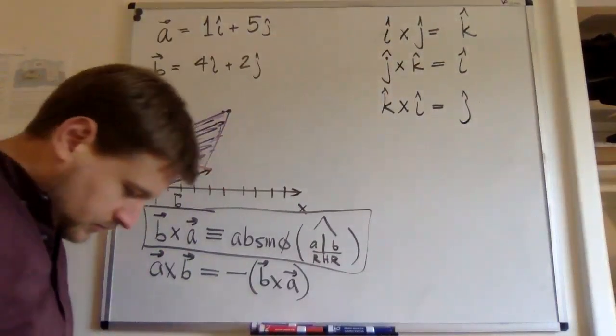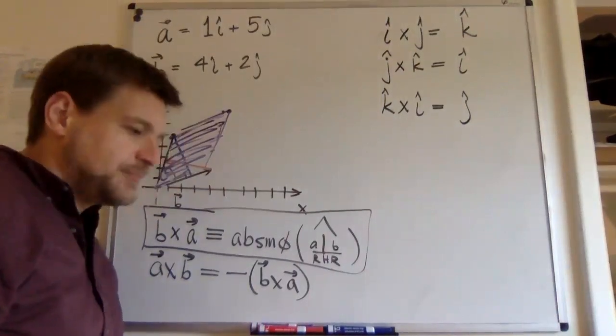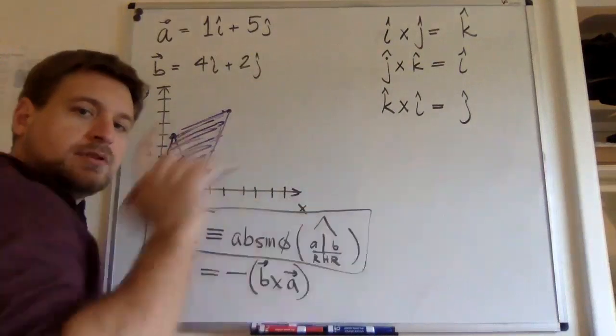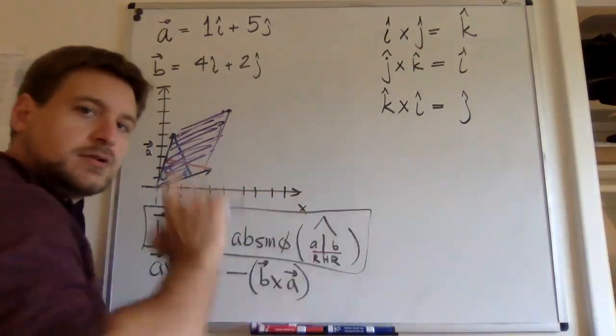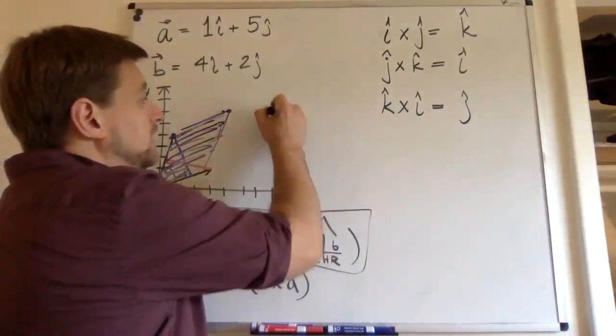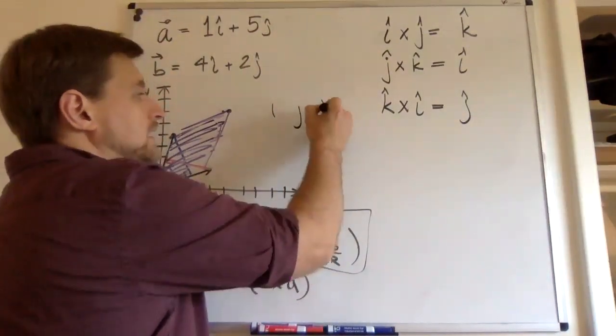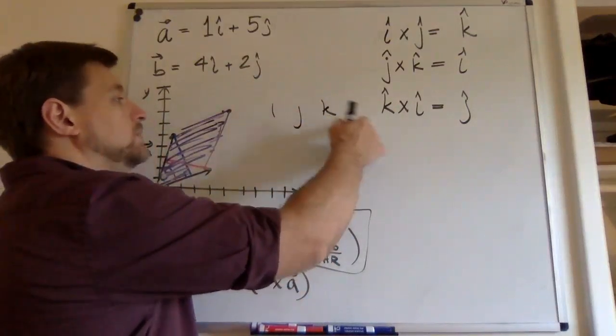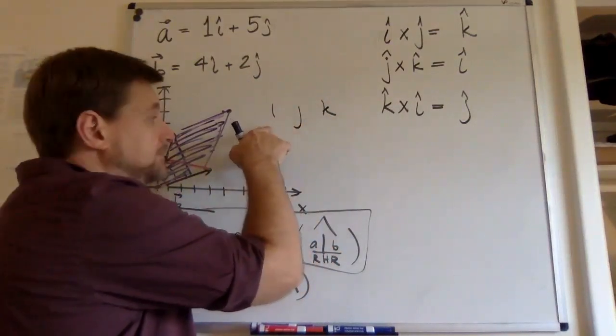Think about old school video games like Pac-Man or something, where when you run off the right side of the board, you show up on the left side and you can circle around the world that way. This is kind of the same way. Think about i, j, and k in that order on the board. If we run to the right from k, we loop around back to i.